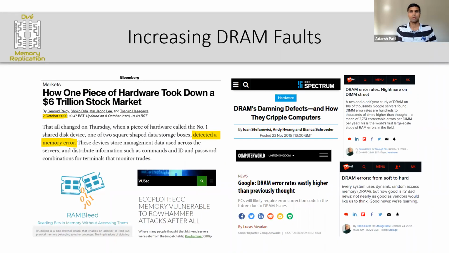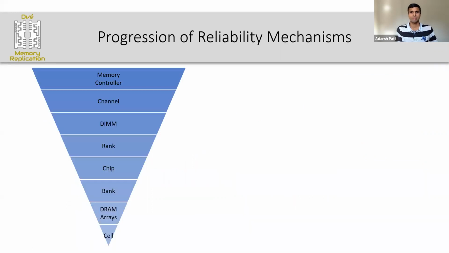In the real world, growing DRAM error rates are a constant cause of concern, as seen in these numerous press reports. Several field studies have characterized these errors and observed the increasing variety and granularity of DRAM errors. The inverted pyramid here represents the increasing data that is lost if errors occur at that level.